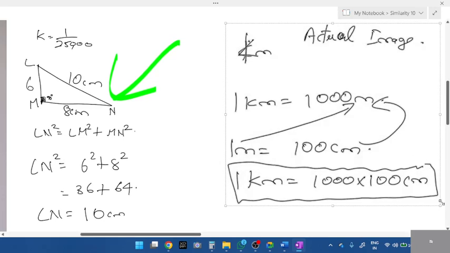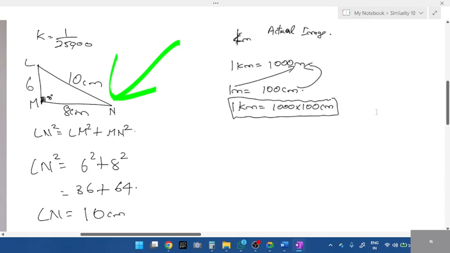Now the calculation part, students. In most of the questions you will have to convert into meters and kilometers. Now 1 kilometer, if you want to convert into centimeters, kilometer is always greater. Remember, kilometer is greater, centimeter is smaller. From greater to smaller, you have to multiply.